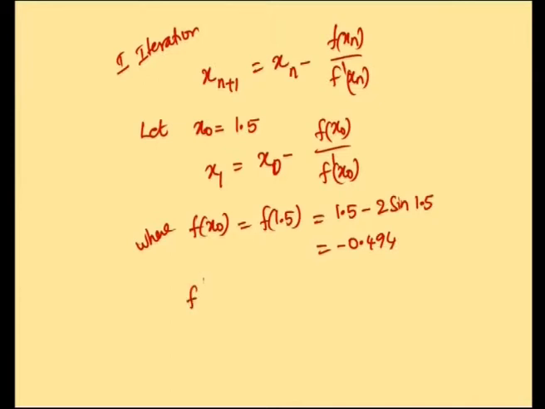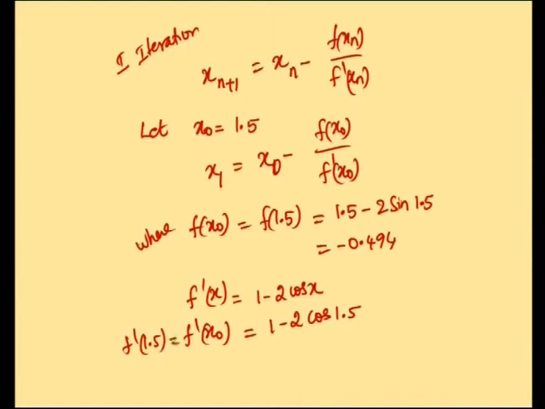And f dash of x is equal to 1 minus 2 cos x, so f dash of x naught is 1 minus 2 times cos 1.5, and this value comes to be 0.858.